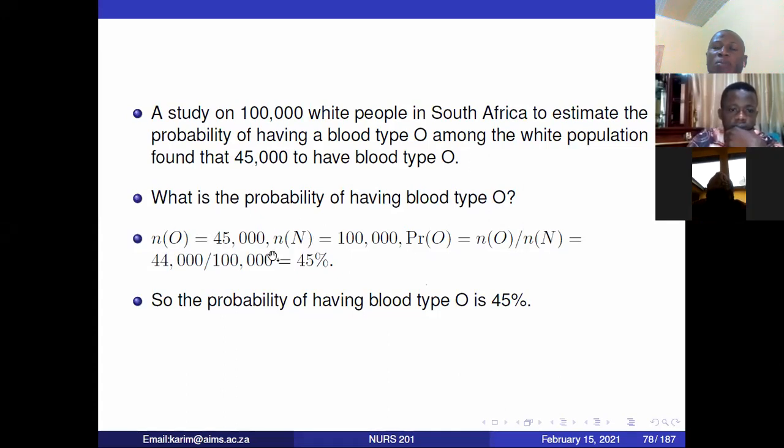The total population of white people is 100,000.